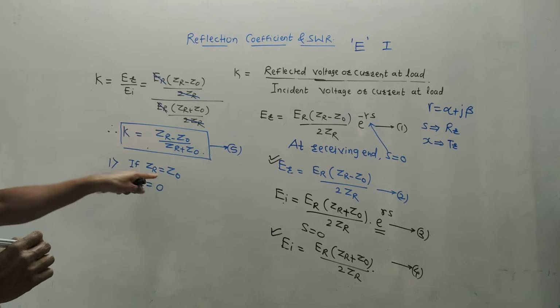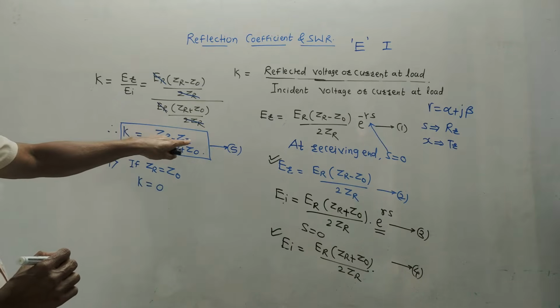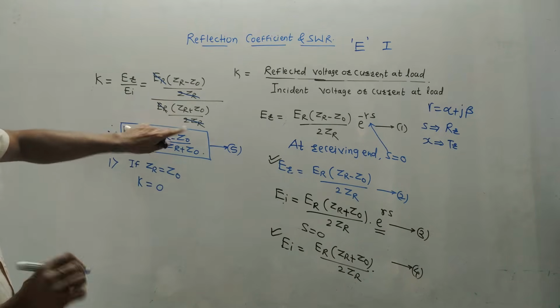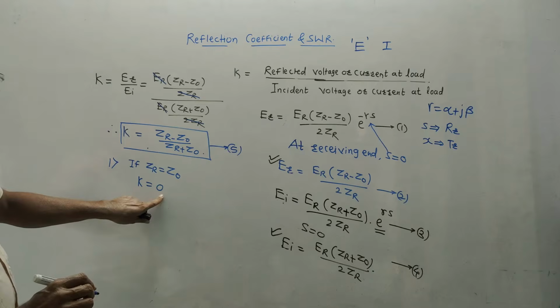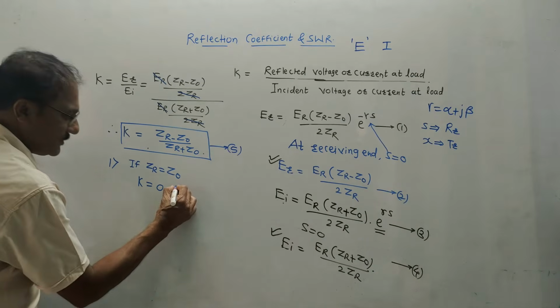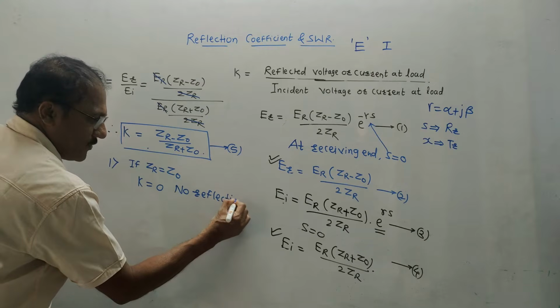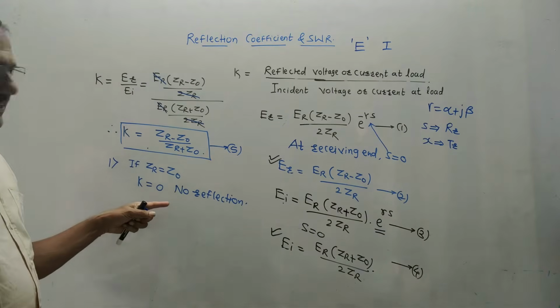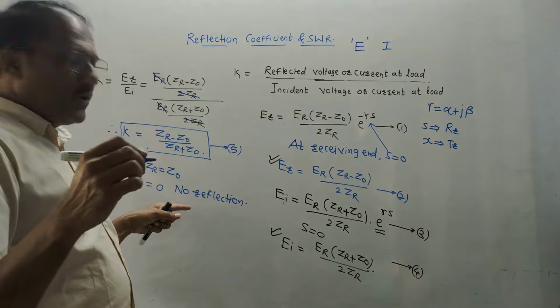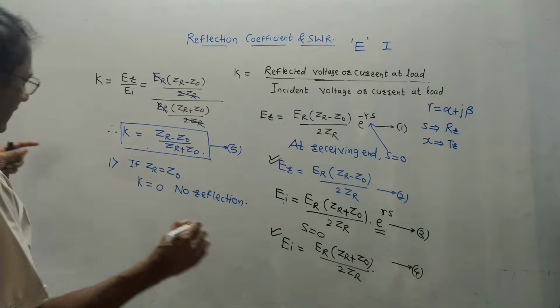Very simple. In place of ZR I am putting Z0. Z0 minus Z0 becomes 0, and 0 upon anything is 0. So K is equals to 0. That means there is no reflection. So this is the first comment or first conclusion. K is the reflection coefficient, so if K is 0, it indicates there is no reflection.